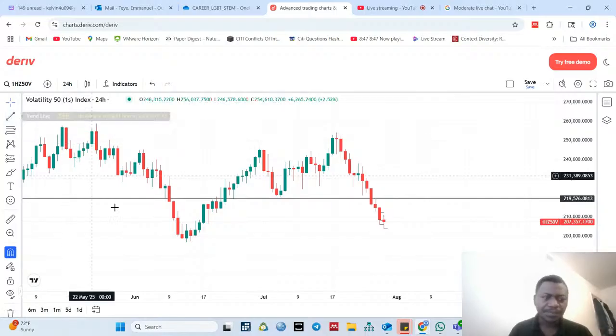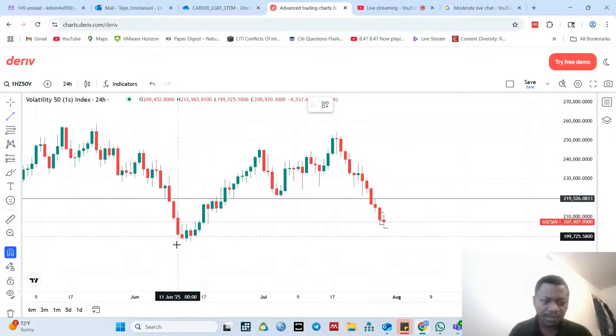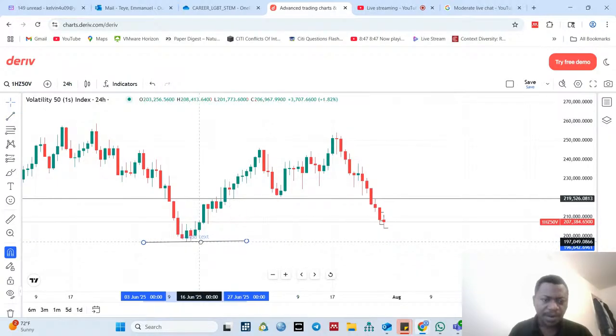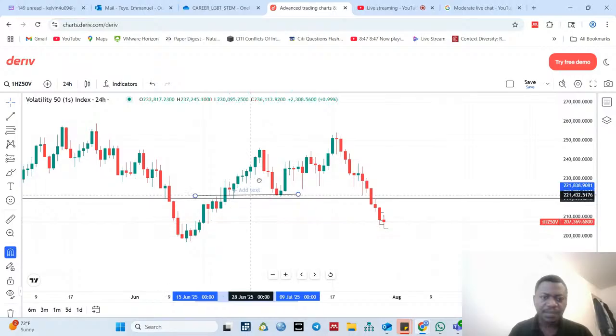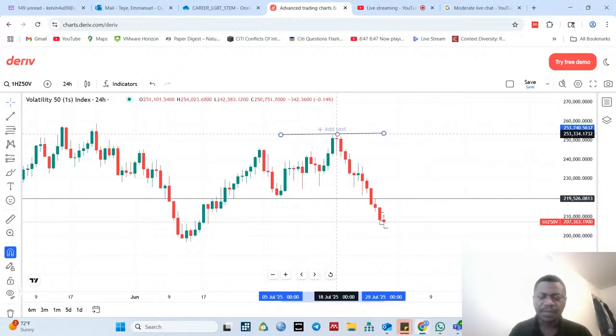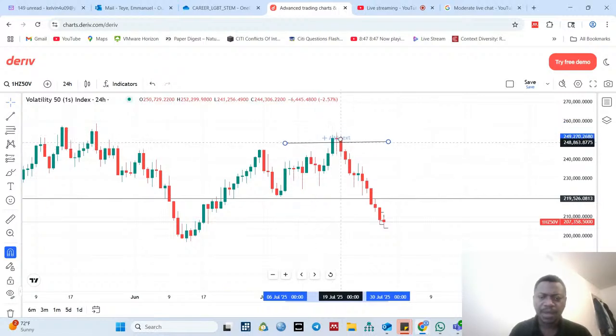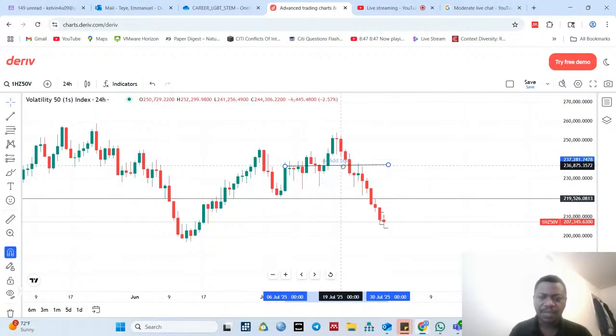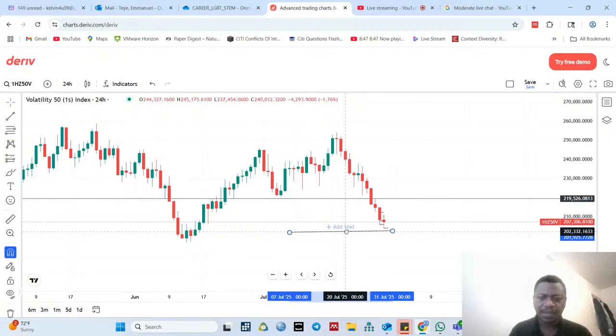So there was this swing low here, this low point, which gave us this high point, and then pulled back into this zone, and then it took out this high and gave us this new swing high here. From there it dropped down to sweep or take out this low, retested, and then dropped down, and then is here.